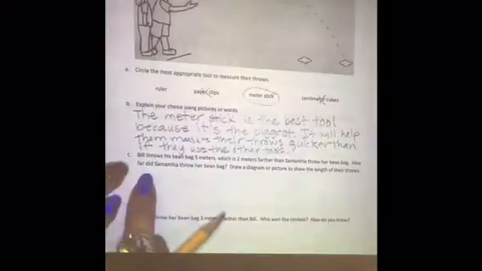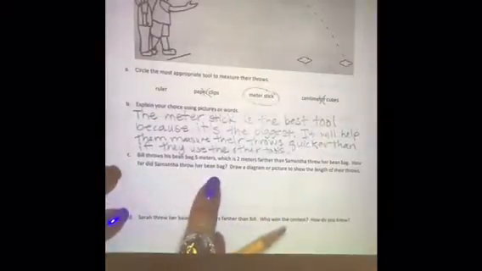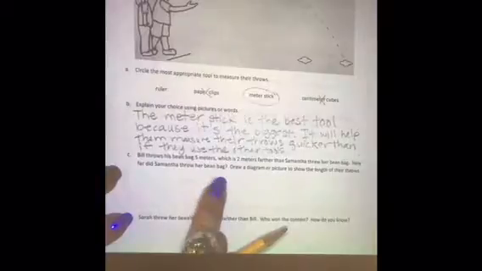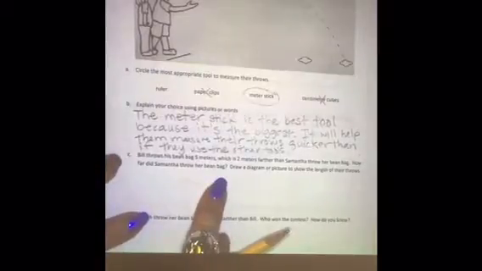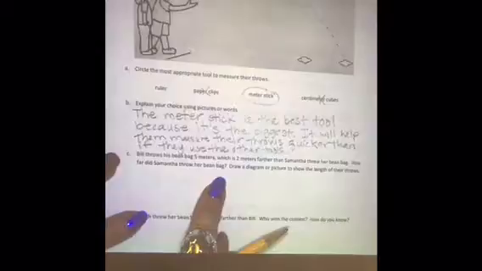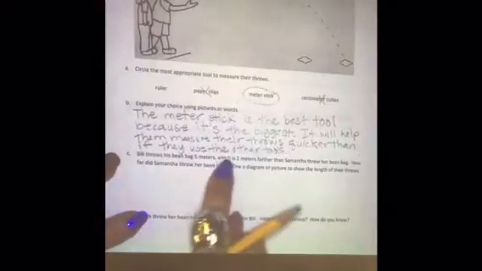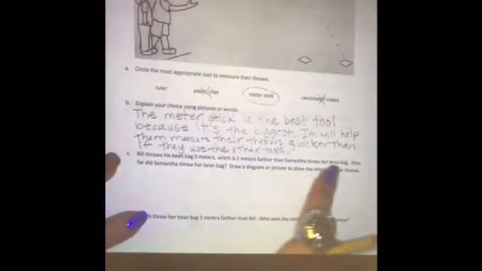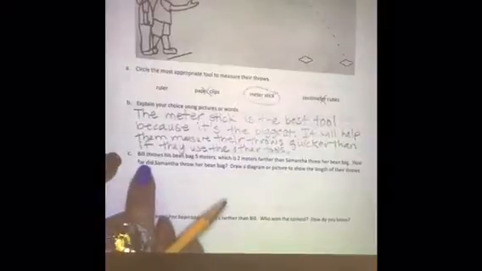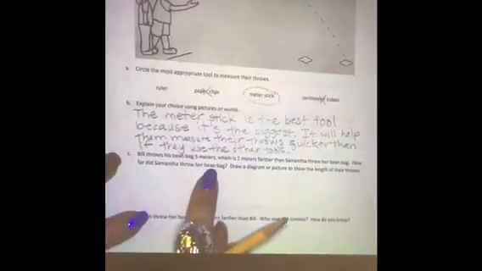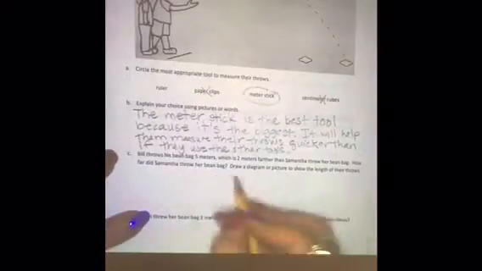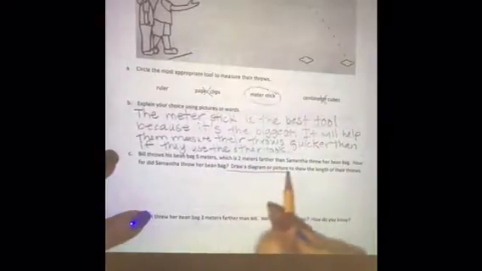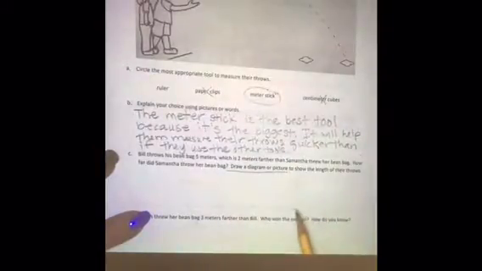Letter C, Bill throws his beanbag 5 meters, which is 2 meters farther than Samantha threw her beanbag. How far did Samantha throw her beanbag? Draw a diagram or picture to show the length of their throws.